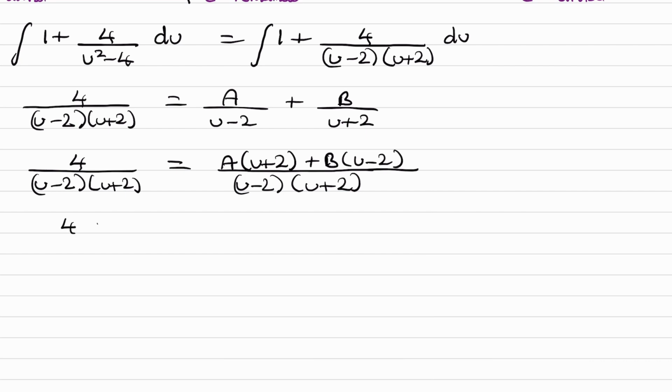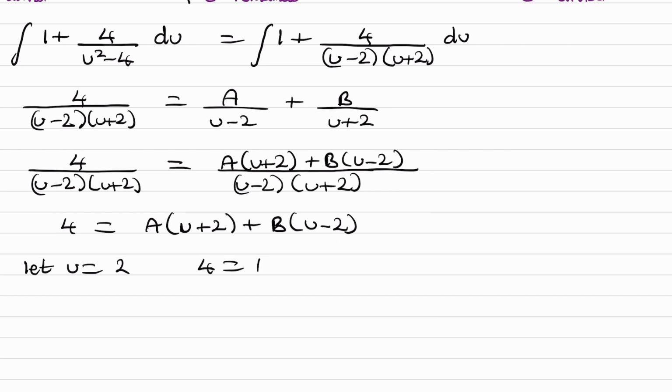Denominators then cancel, and then we have 4 is equal to A times (u plus 2) plus B times (u minus 2). Now, let u equal 2. That will make this bracket 0. We then end up with 4 is equal to A lots of 4, which gives A is 1.